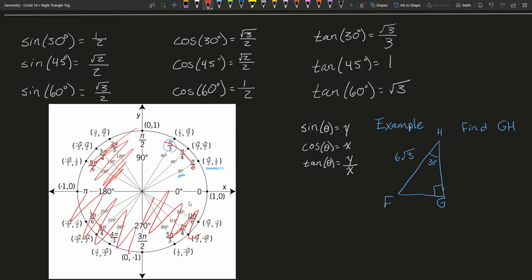Where these values actually come from is that with certain values, if you have that angle, in this case 30 degrees, and we put that angle on a unit circle, we will get that angle intercepting the circle at this point.